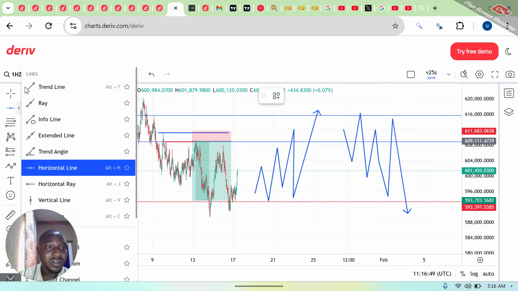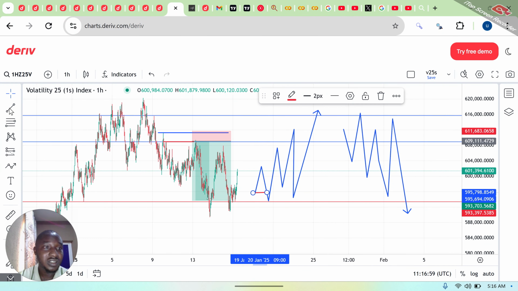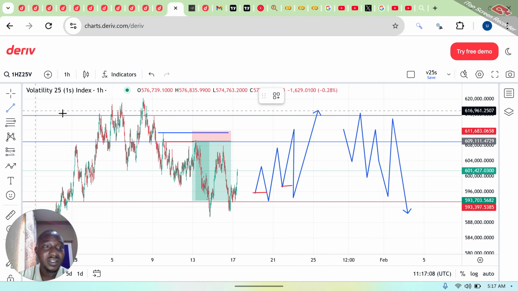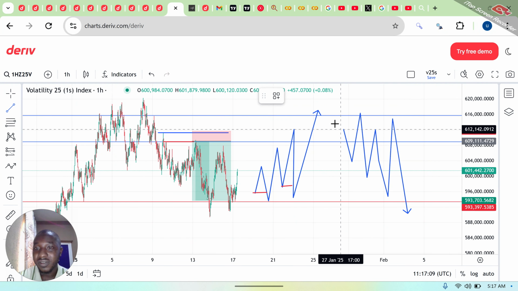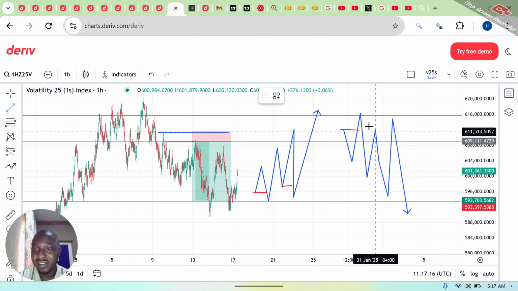So these are liquidity. This liquidity is another liquidity taken before we enter the market. So we want to see levels of liquidity. For a downtrend, this is the first liquidity, and this is the internal liquidity that is very important to us.